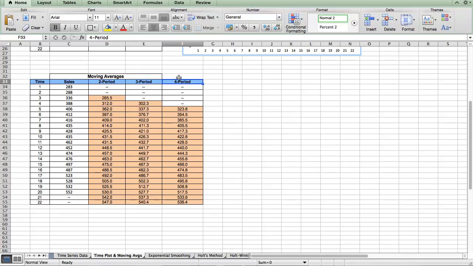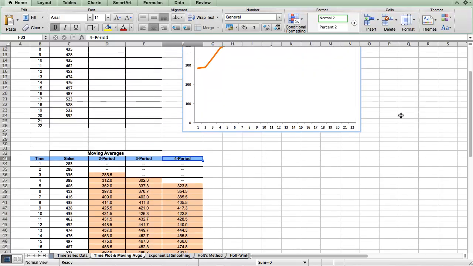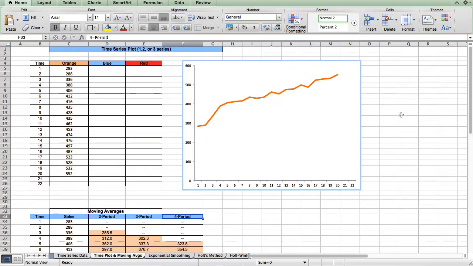But remember, the greater the number of time periods, the greater the risk that our moving average would become imprecise. What we want is for the moving average to suppress noise or little bits of variation in our time series distribution by averaging out some of that.